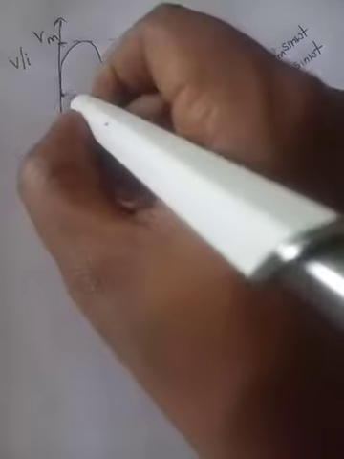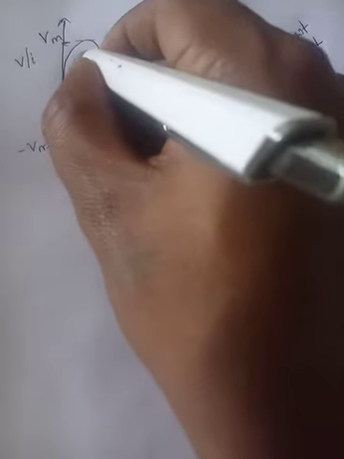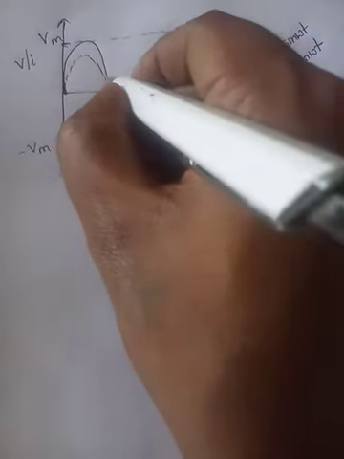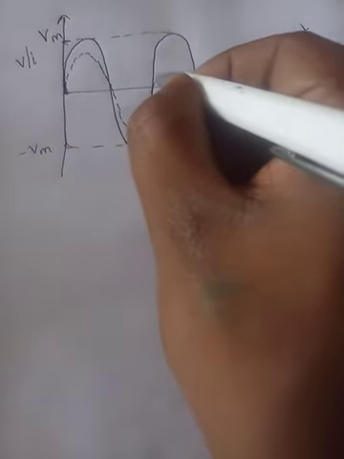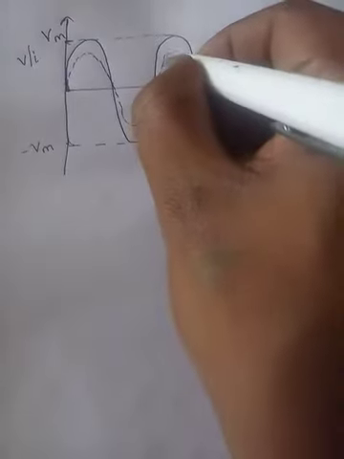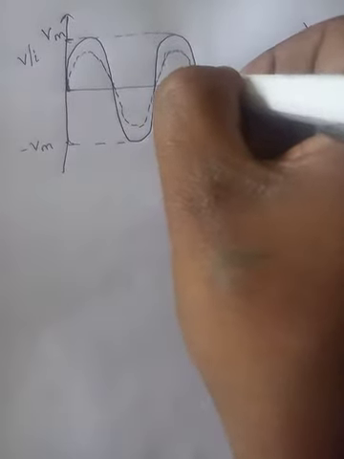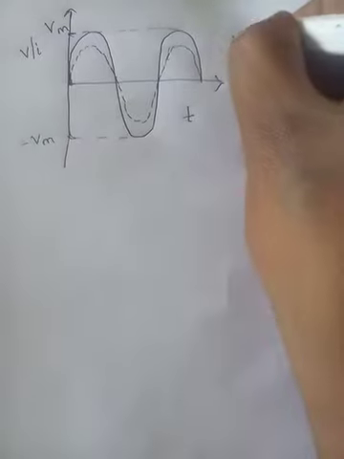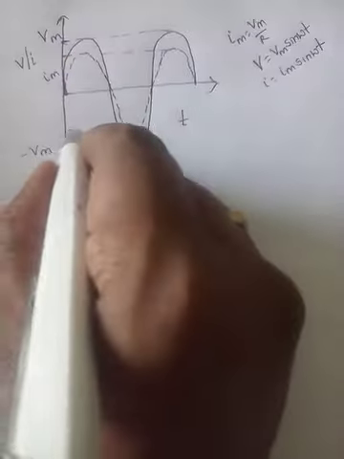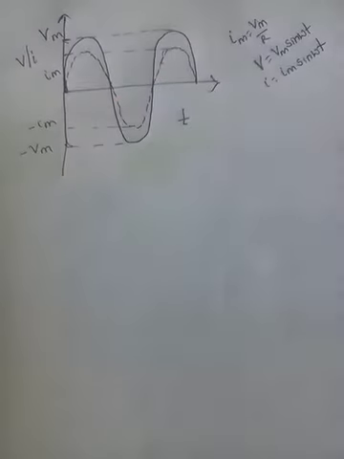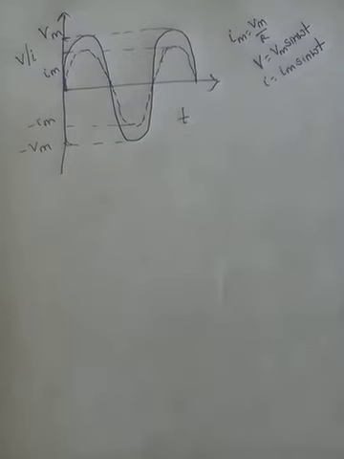Both are along the same direction, but the peak value of current is less than voltage. Why? As we know, Im is equal to Vm by R, so the Im value is less than Vm. So, this is Im and this is minus Im. These are the waves that vary in an AC circuit when connected to a resistor.